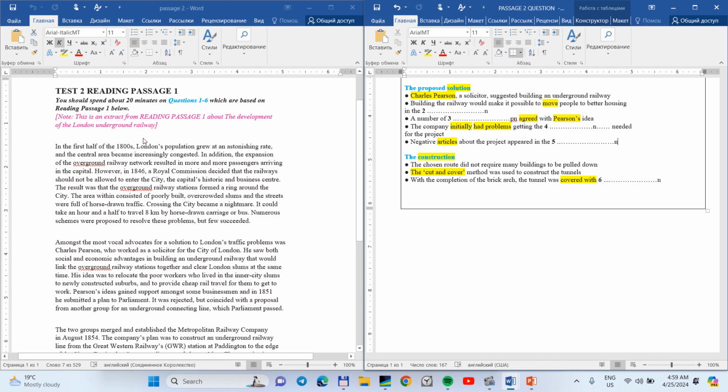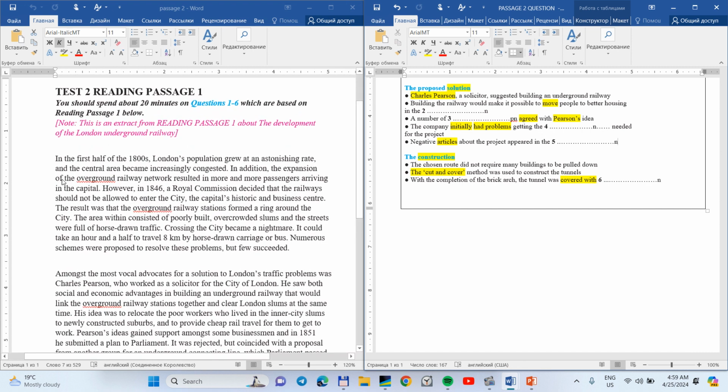So, first paragraph. In the first half of the 1800s, London's population grew at an astonishing rate, and the central area became increasingly congested.